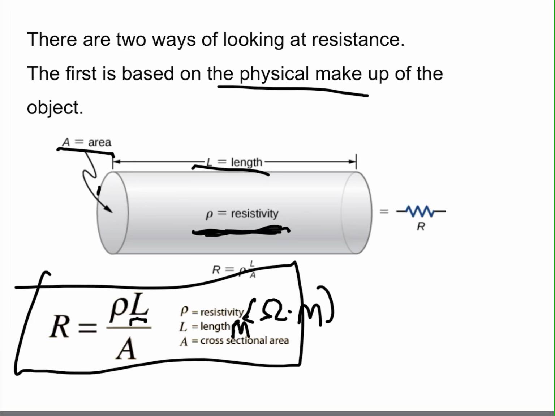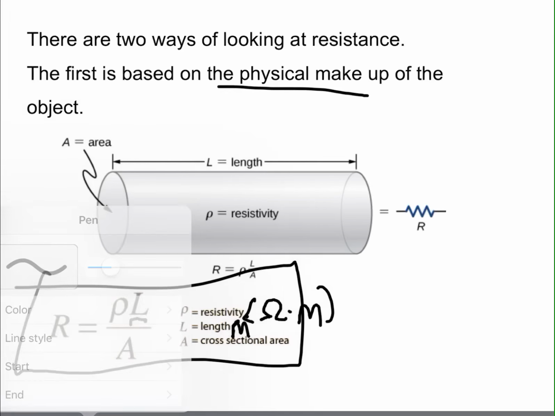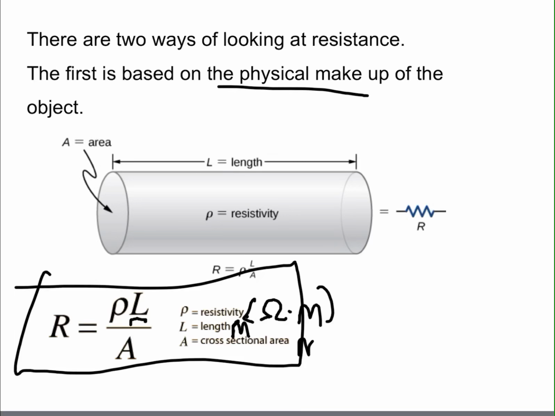And A is the cross-sectional area. So that's if you were to cut it like that, it's the cross-sectional area there, which is shown in the picture, which they probably did a better job than me. So let's just clean up the picture. Now, the cross-sectional area is going to be in square meters.